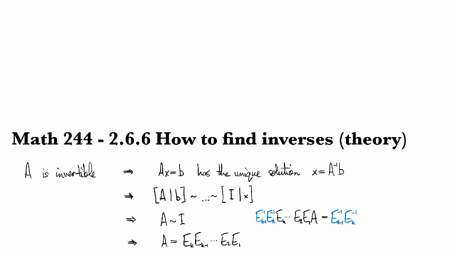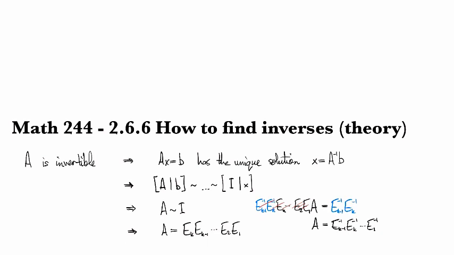And after doing this enough times, I will cancel off everything from this side, and I'll be left with A equals some product of elementary matrices. And so I guess I can put inverses on these ones right here. Doesn't really matter. The main point is that I just want to be able to say A is a product of elementary matrices.